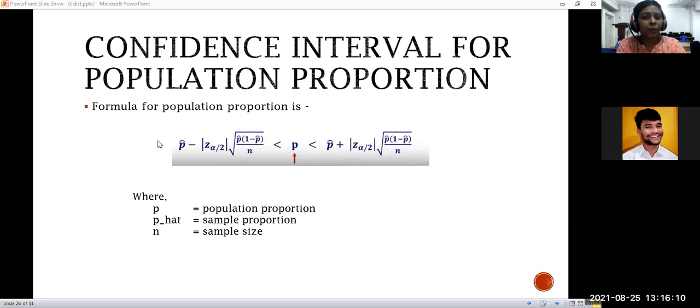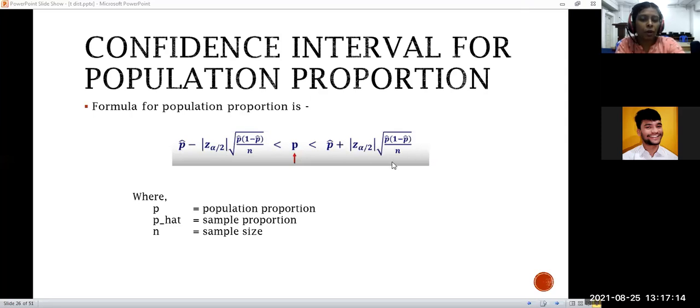Likewise, in this population proportion as well, similar to the formula that we have seen for population mean, here also it is p hat minus margin of error for lower limit and p hat plus margin of error for upper limit.